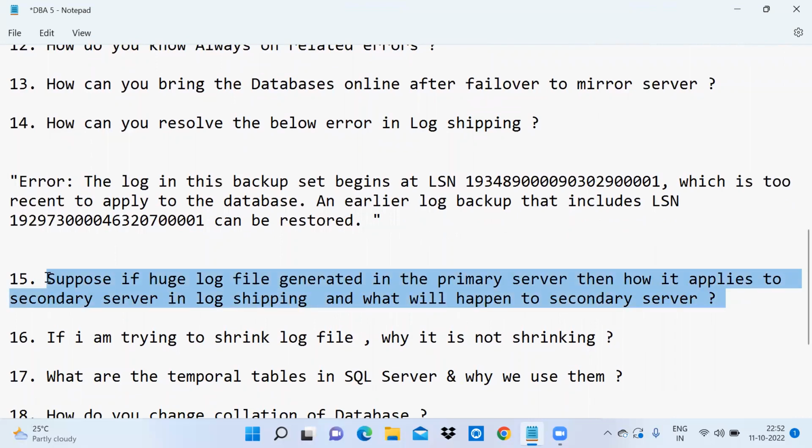So suppose if huge log file generated in the primary server, then how it applies to second server in log shipping and what will happen to secondary server. So this is the scenario.